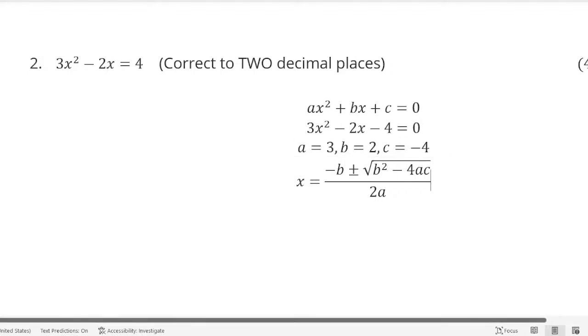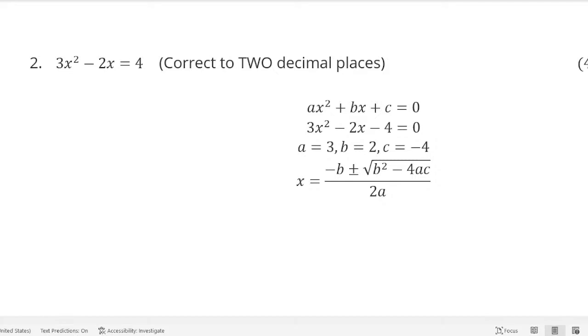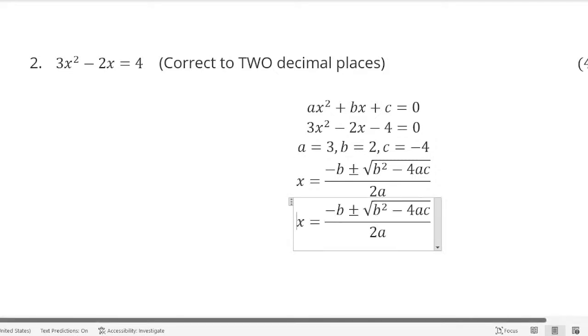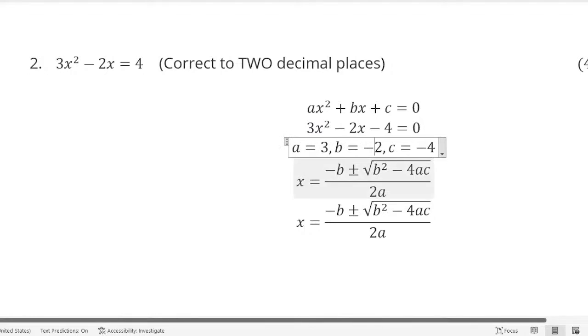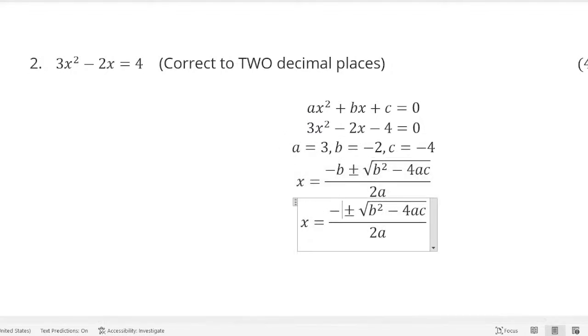So now we just need to substitute the values of a, b, and c. All right, so b is -2. So here we have minus into -2 plus minus.